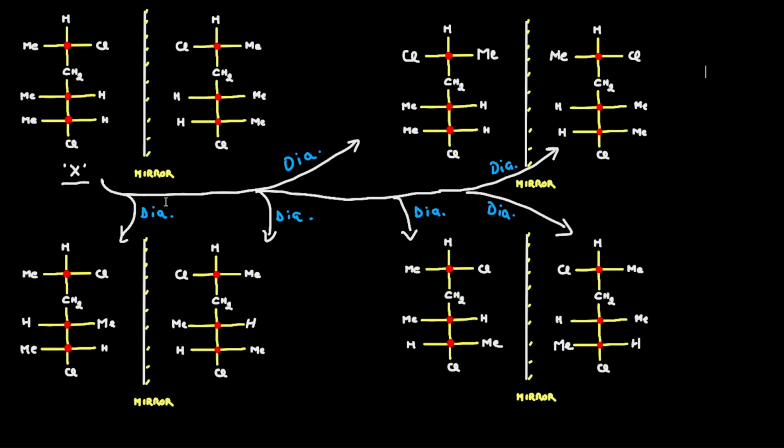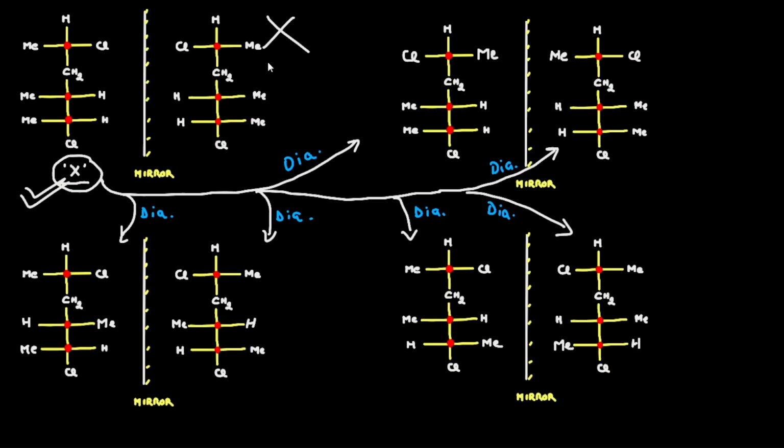So for example, if I am trying to calculate the number of diastereomers of X, you will find all those stereoisomers which are not the mirror image of X first of all. So you will not count this, because this is the mirror image and must be the enantiomer of X.